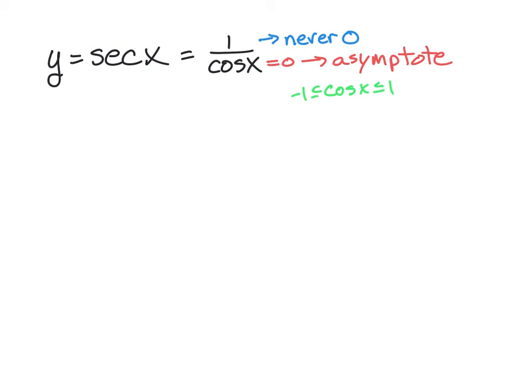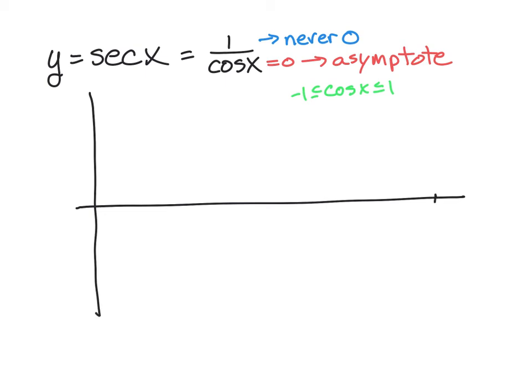So let's do this the same way we've done before. Find your quadrants. I'm going to keep it simple. Go from 0 to 2 pi. Make 4 quadrants.